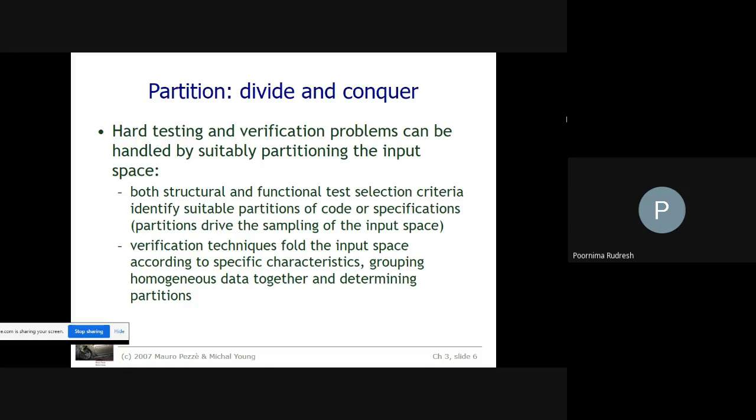And the second one is at the technique level, right? So here we are using some static analysis techniques that follow the modular structure of the software system to divide an analysis problem into smaller steps. So in the first case, we are dividing the complex activity into smaller activities.